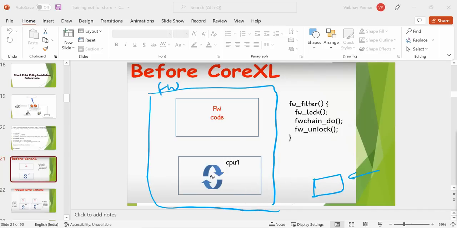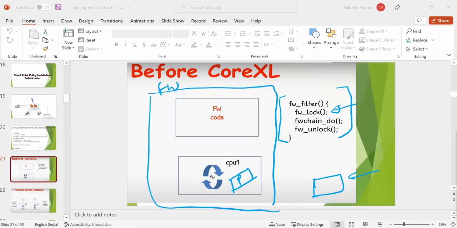and now the CPU is going to process that packet or that connection, whatever is initiating towards that firewall. What was happening before CoreXL? The first thing the firewall does is execute this code. Whenever a packet comes to your firewall, the firewall locks the processing. For example, consider the packet comes to the CPU here.